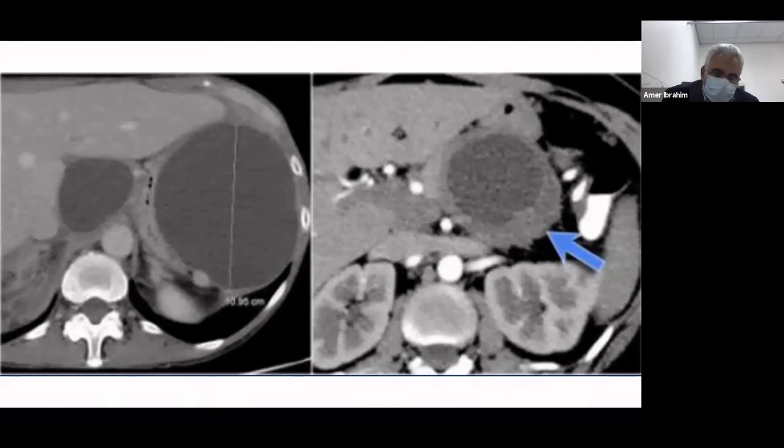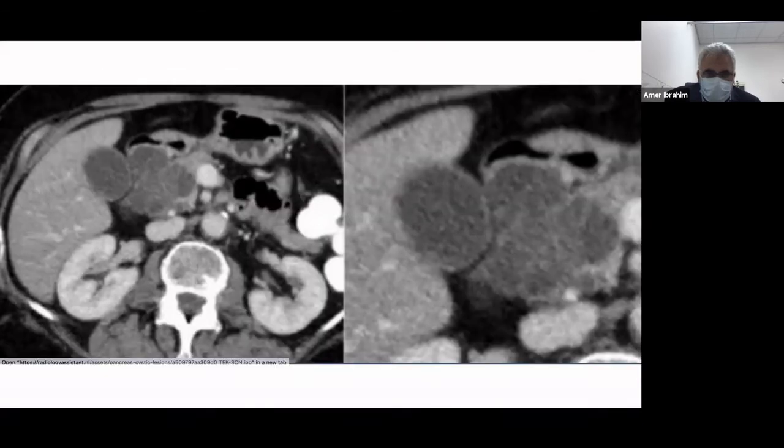Now, let us briefly discuss the lesions which are benign, don't need treatment, and have no malignant potential, and then we come to the lesions which have malignant potential. One of the common lesions seen in the pancreas, especially in ladies above the age of 60s.